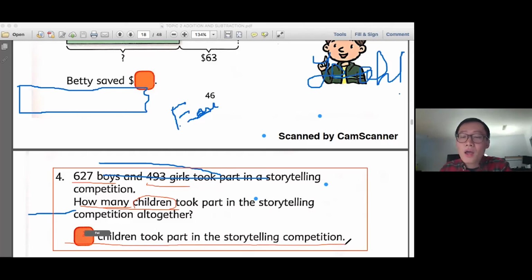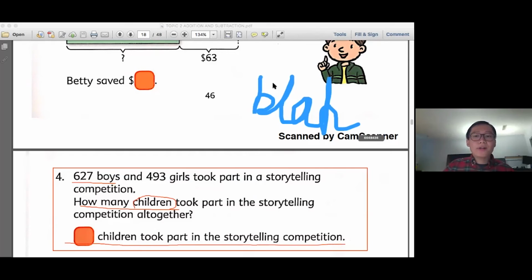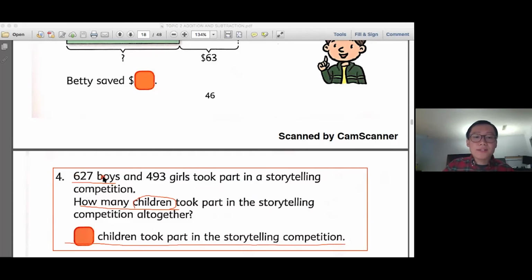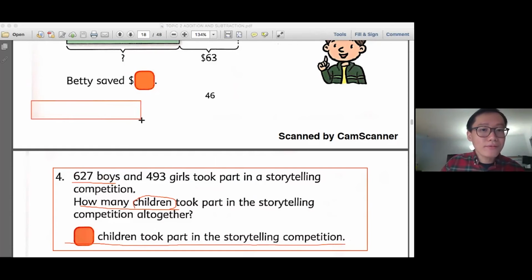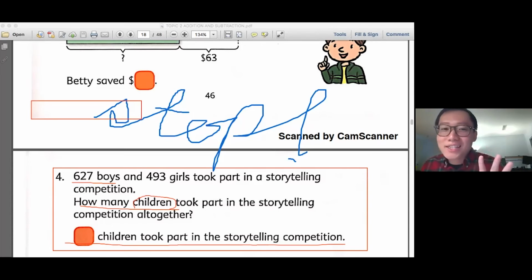As I said before, model drawing helps you understand better. So let's draw a model. First, we have 627 boys. So let's draw a bar that represents boys. This represents boys, right? How about we draw after class.